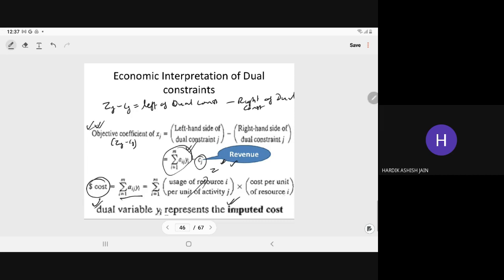Means for the resource i, what is the unit cost? What is the imputed cost for utilizing the particular resource? What is the cost per unit resource capacity? That is the imputed cost.